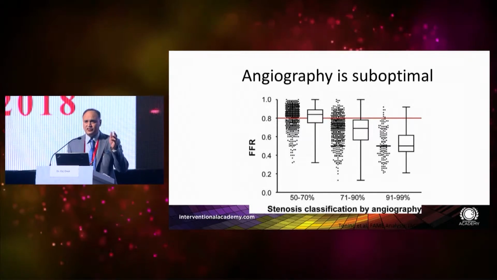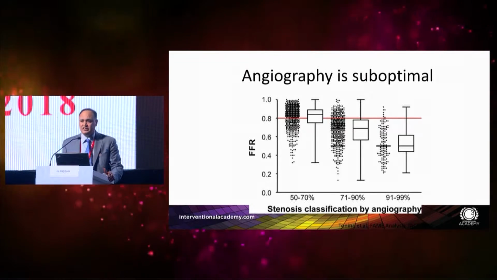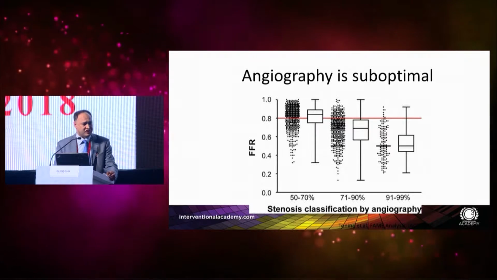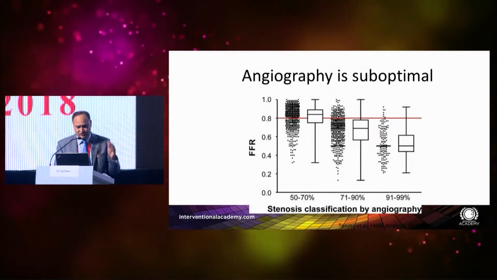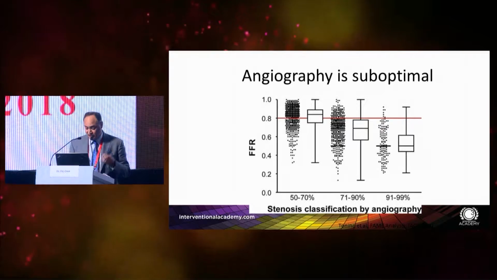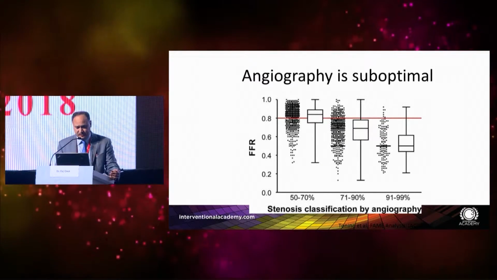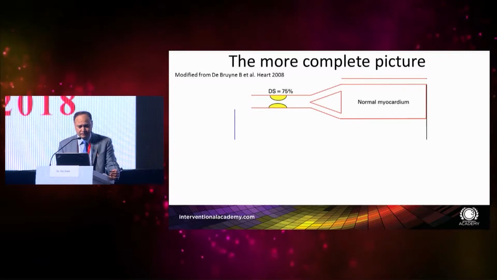So a lesion that you see today in your lab in India that you think is 50, 60% and you don't think needs a PCI procedure, with FFR you are actually going to end up stenting those patients, and your volume is not going to go down. And that's been the practice in our lab as well.